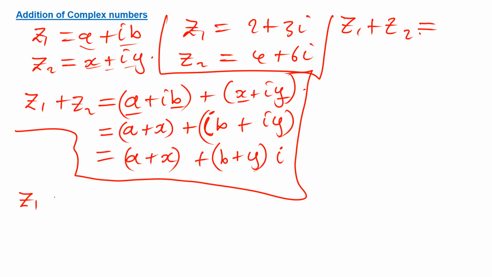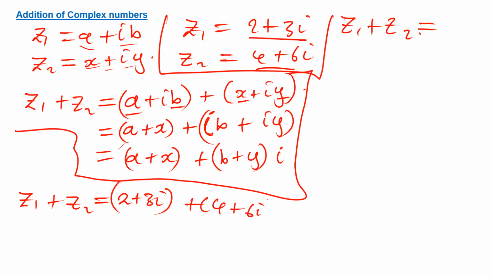Z1 plus Z2 is going to be equal to 2 plus 3i added to 4 plus 6i. Remember what I said, you pair the like terms together, meaning we add the real part to the real part, so we have 2 plus 4, and the complex part to the complex part, so you have plus 3i plus 6i.